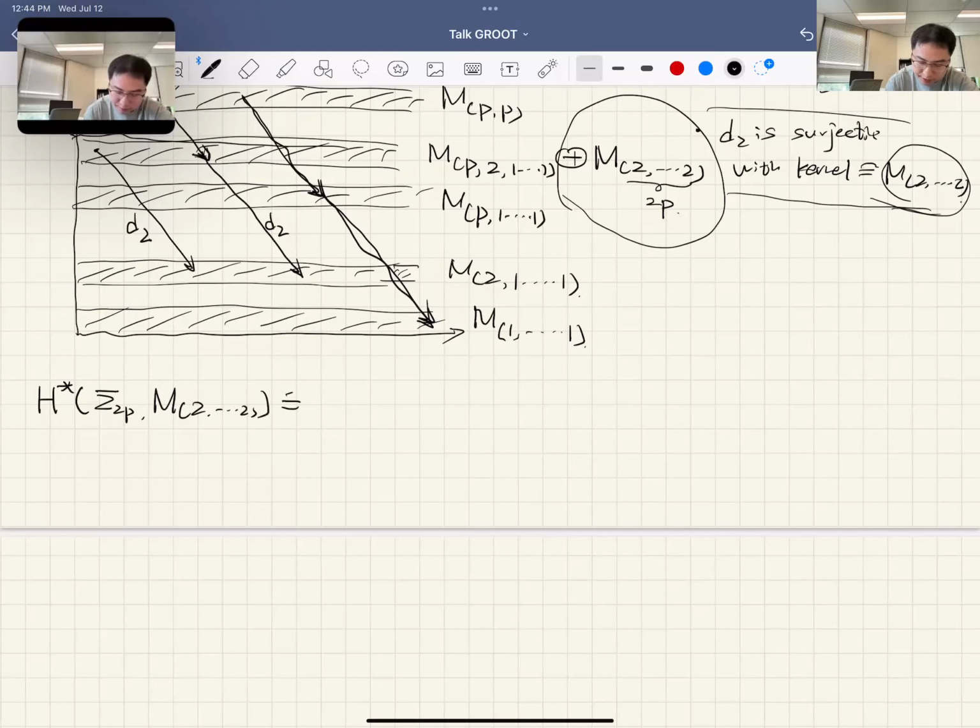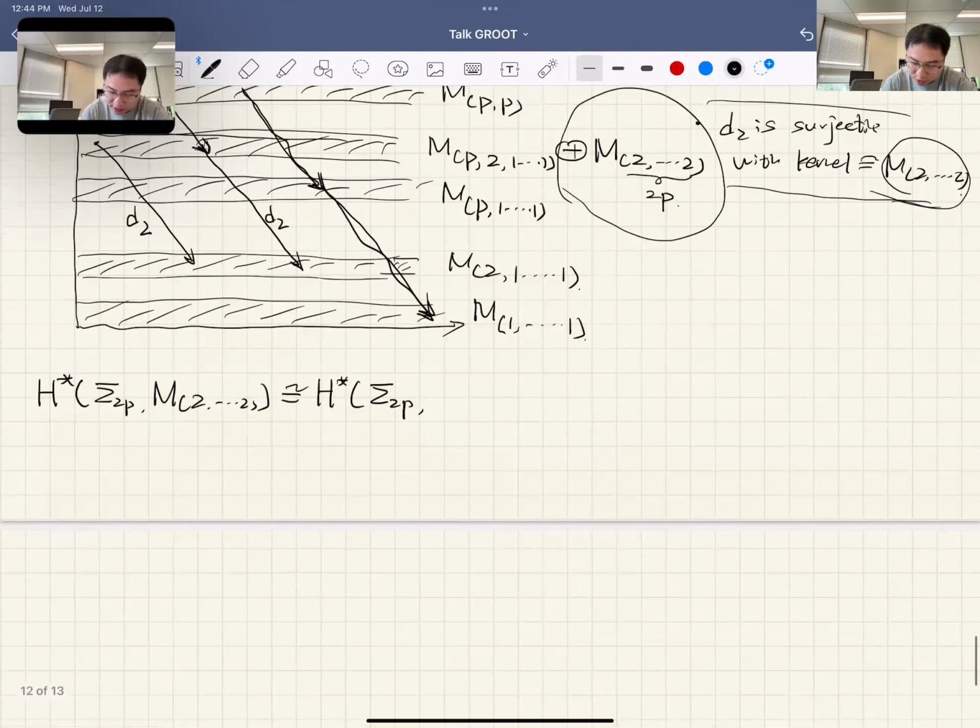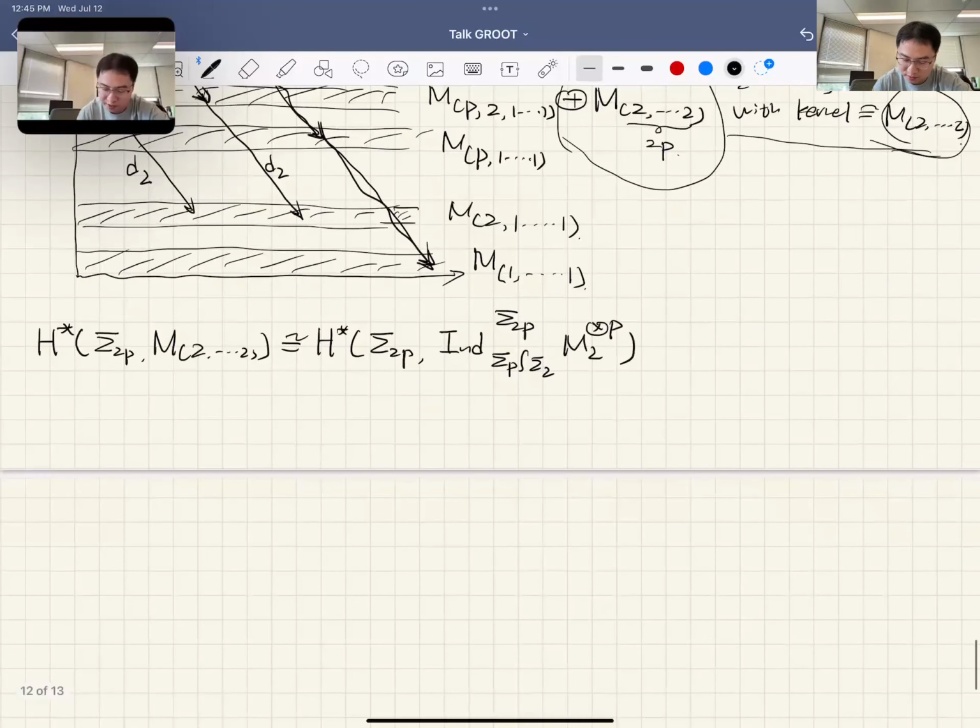Okay, by the proposition I have, I can understand this using induction. So this is the induction from sigma p wreath sigma 2 to sigma 2p with m2 tensor p times, by the proposition I had probably a long time ago.